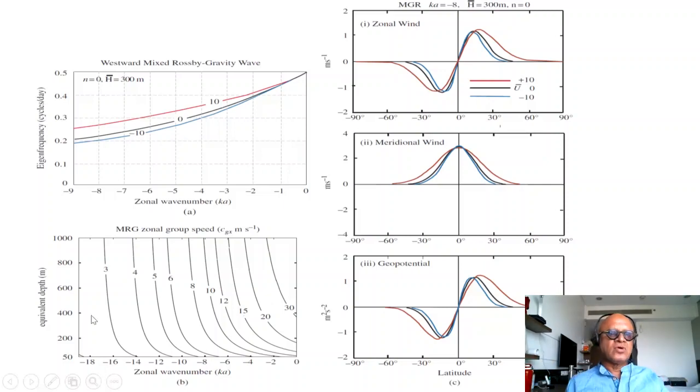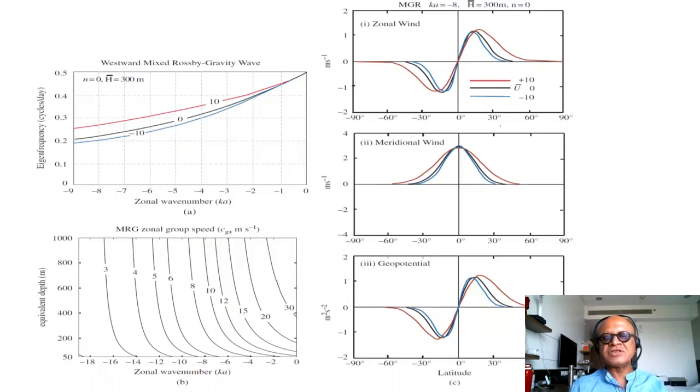Okay, so what is the message? Let's say you fix the wave number, as the equivalent depth increases, the zonal group speed increases.